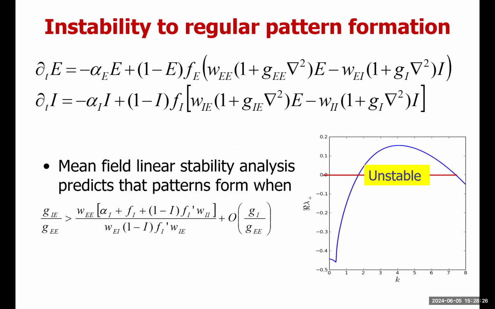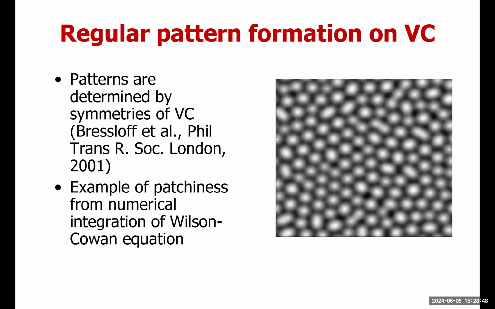And this model does predict, these are reaction diffusion equations for the excitatory and inhibitory neurons. So you can do the whole stability analysis like the ones that we talked about in class. You find the band of unstable wave vectors, the Turing instability, and you can see what are the requirements for that and what are the patterns.